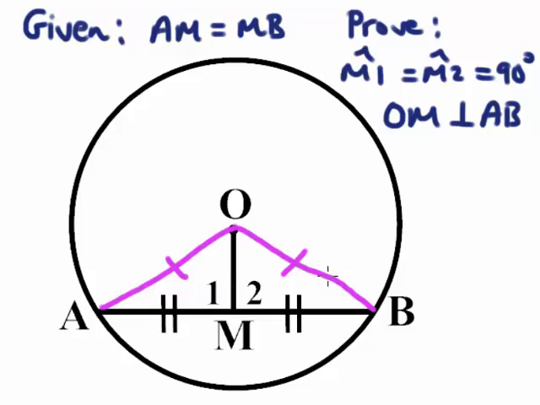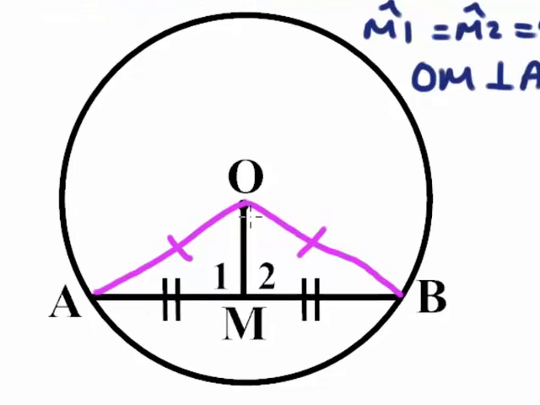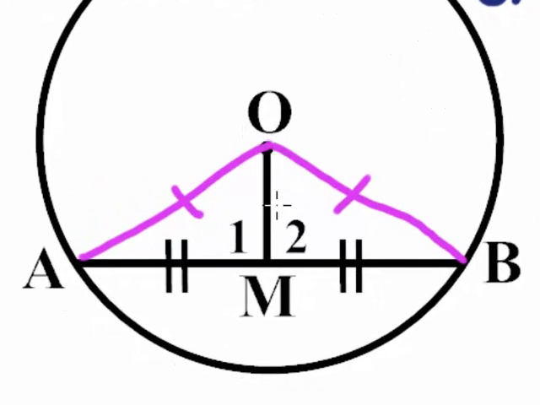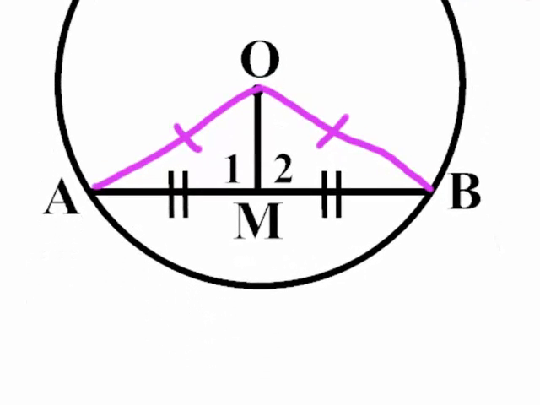Those are the equal radii. You're given that AM is MB, and notice that you've got a common side OM. So it seems like these two triangles can be proved to be congruent, as you did in earlier years. And if so, then what can you conclude about M1 and M2? They would be equal. But then, how do we prove that they're both equal to 90? Now, watch this. It's absolutely brilliant. I'm going to start off by proving the two triangles congruent.